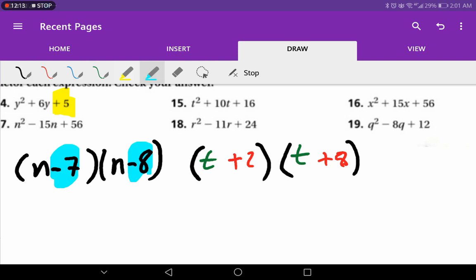Or positive 2 and positive 8. So again, one more time, if the constant term has a positive sign, that means the two factors must have the same sign. Is it clear? I hope so.